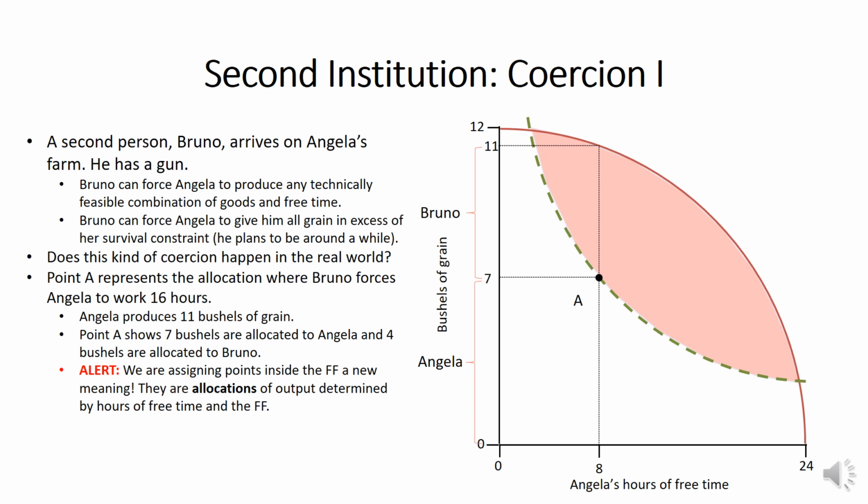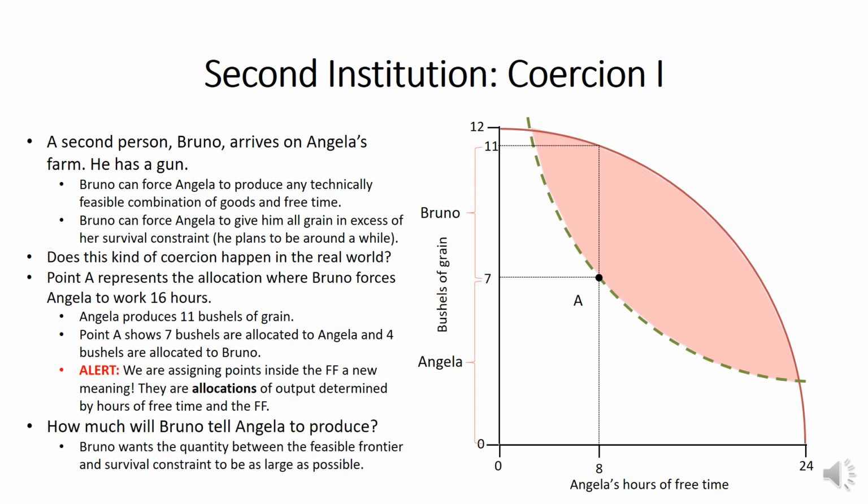What A means on this diagram is that Angela is working for 16 hours, and the 11 bushels of grain that she produces are divided between her and Bruno according to where the point sits on the vertical axis. So that means that Angela gets 7 bushels of grain, which is just enough to keep her surviving, and Bruno gets 4.